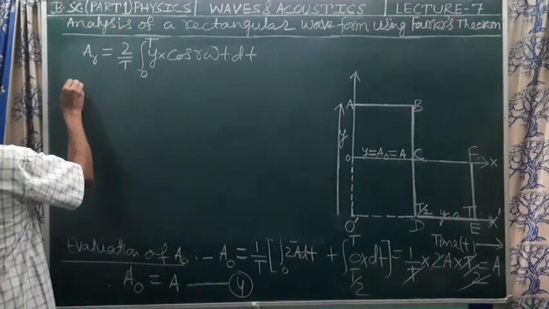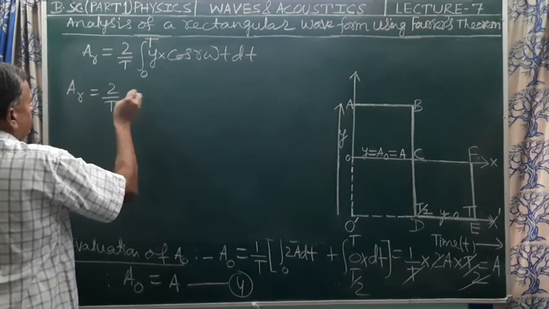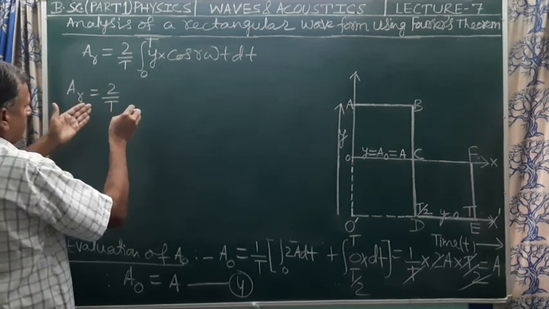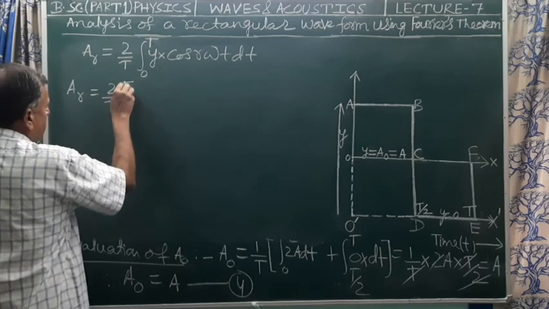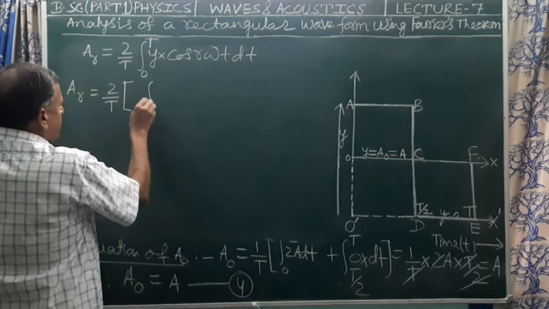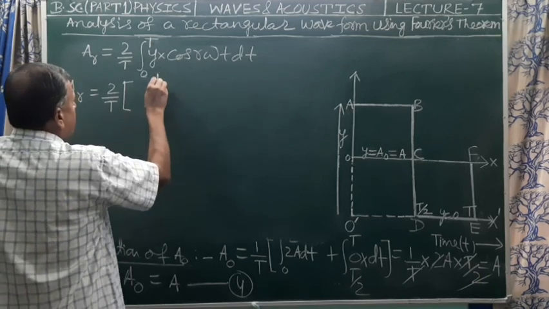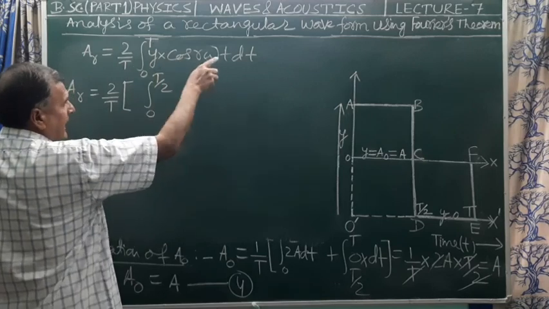So we write a_r equals 2 upon T, taken out of the bracket as a common factor. Now inside the bracket the given integral is divided into two parts. The first part is 0 to T by 2 of y cos r omega t dt.